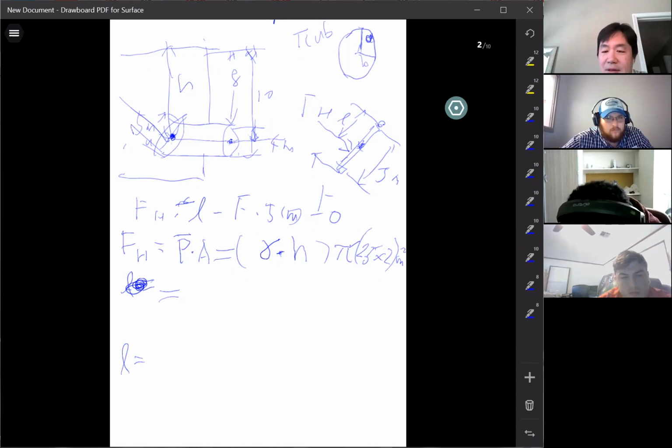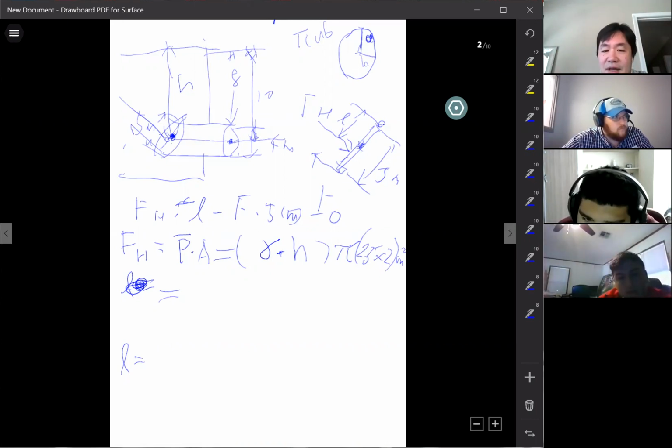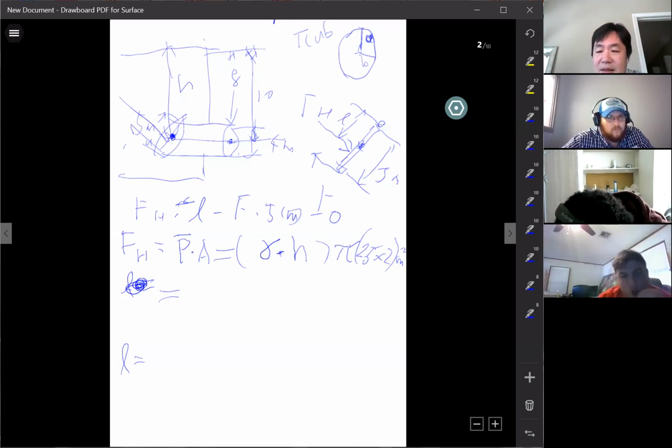Because it's parallel, it's horizontal. It's the same elevation from the centroid of the left surface to the centroid of the right surface. They are the same elevation. Do you agree? So you only need to find the 10 here on the right. It will be the same 10 on the left.